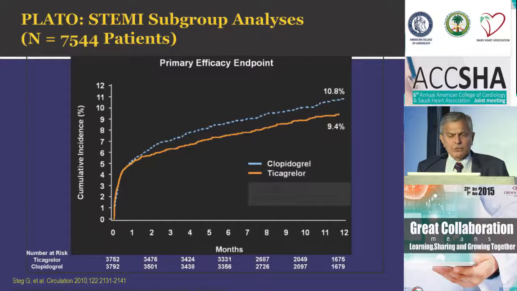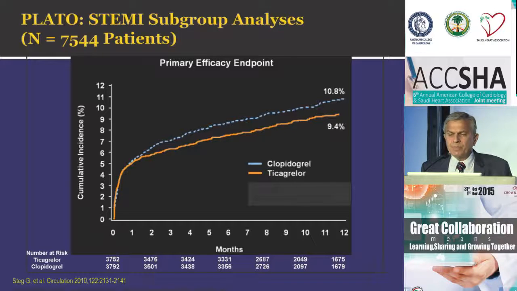In terms of secondary efficacy endpoints, myocardial infarction was significantly reduced within a year's time with ticagrelor, and cardiovascular death alone was also significantly reduced with ticagrelor compared to clopidogrel at 1 year.